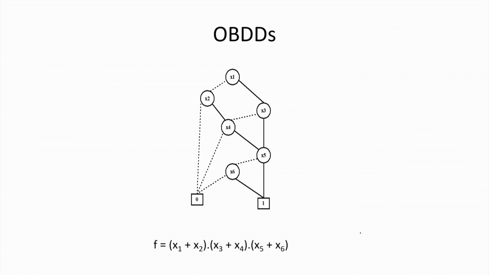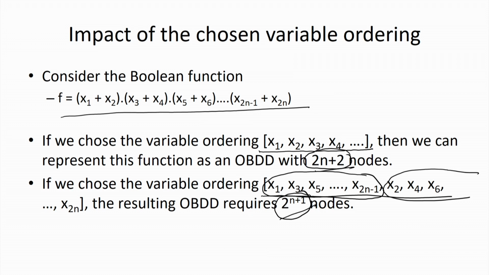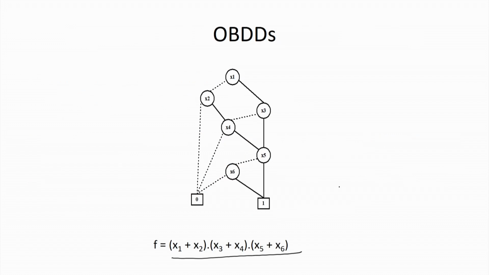So, this is the construction, you can check it. If this is the given function of 6 variables and the variable order that I am using is x 1, x 2, x 3, x 4 like that, then this is the BDD representation of this particular function.